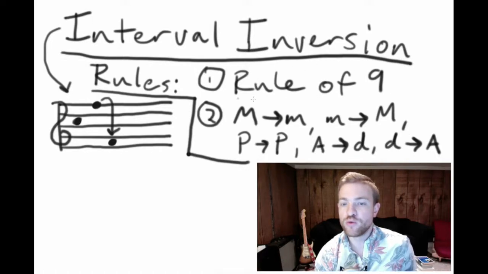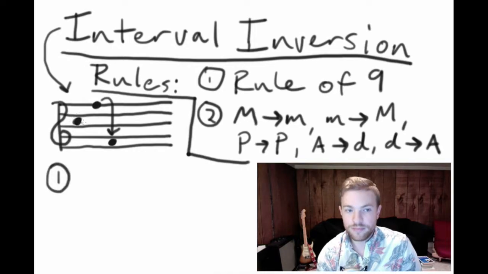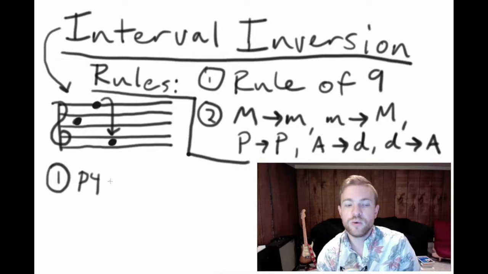There are two basic rules that we use to rename the interval after we've inverted it. The first rule is called the rule of 9, and it is very simple. All you need to know is that the numeric parts of the name of the original interval and the inverted interval will add up to 9. So for example, a perfect fourth, which this happens to be between a C and an F, when we invert it, becomes a perfect fifth.